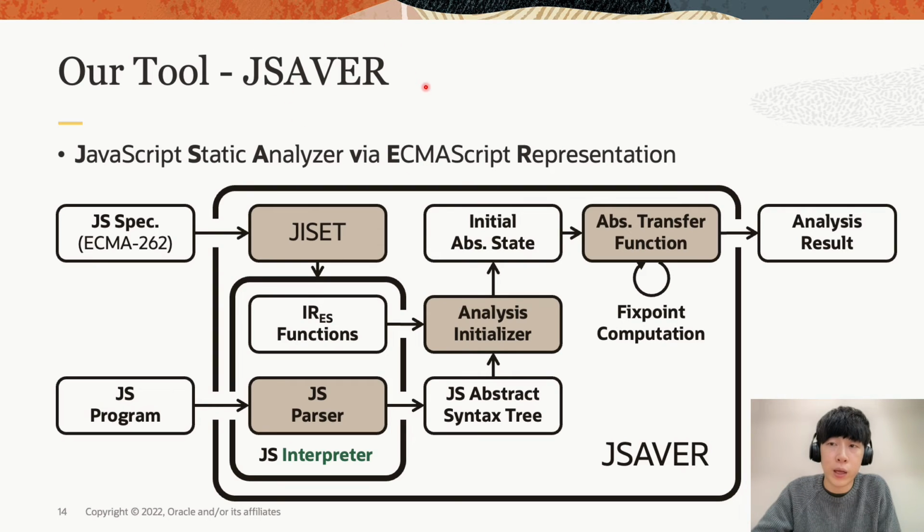As I already explained, we utilized another tool named JISET to extract a JavaScript interpreter from a given specification. And JSAVER constructs the initial abstract state with extracted IR_ES functions, but restricted by a given JavaScript program like this. Note that this abstract transfer function is not for JavaScript, but for IR_ES.